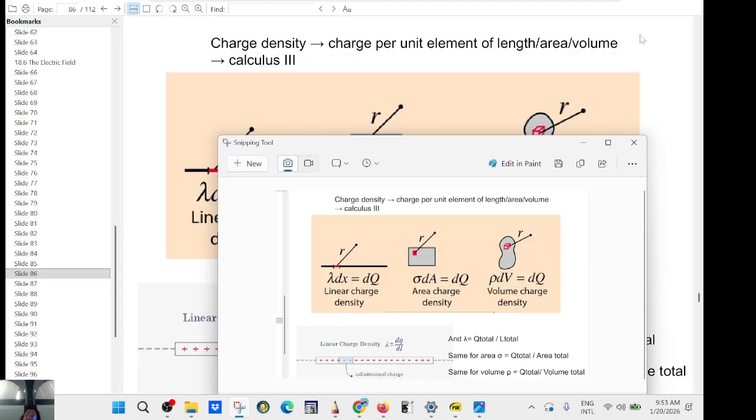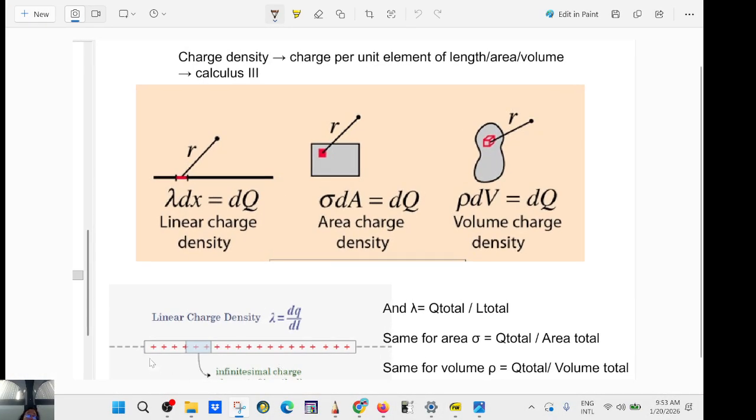That means you take a line here which is charged. For example, in a Xerox machine, you're going to have this charge. It comes from a wire. The wire is charged and then there is a discharge on the drum. So lambda will be the total charge divided by the length.